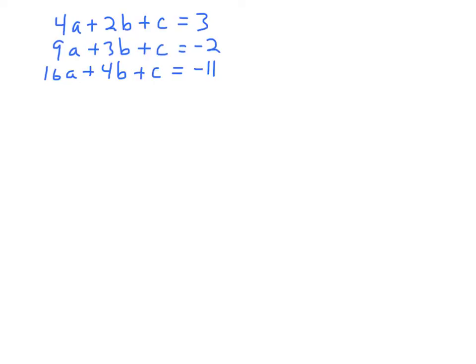So our strategy is going to be, we'll group the first two together and we'll eliminate c. And then we'll group, we could either do the first and the third or the second and the third. It doesn't really matter. I'll do the second and the third. And we'll eliminate c there. And that will reduce that down to a two-dimensional system. Then we'll go from there. Okay, so that's our strategy.